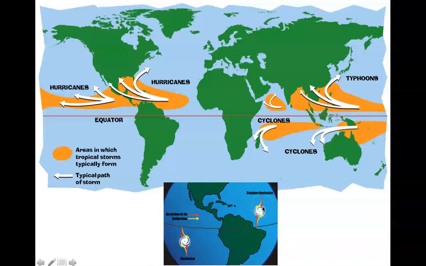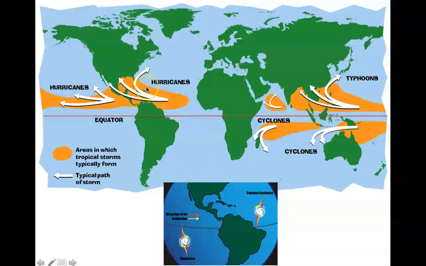They'll spin counterclockwise, my bad. They'll spin counterclockwise in the northern hemisphere, and that's because the air is getting deflected to the right. In the southern hemisphere, they spin clockwise because the air is getting deflected to the left. So they spin in opposite directions based on which hemisphere they're in.